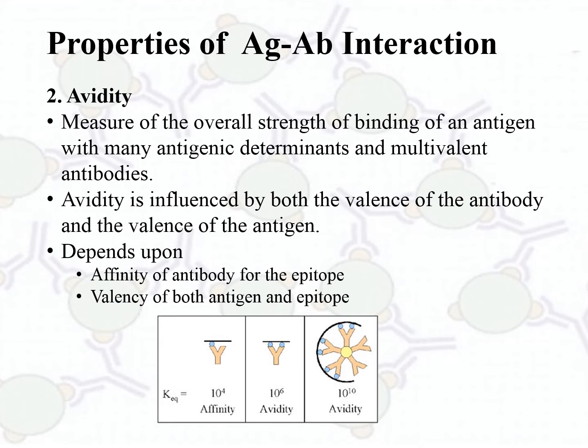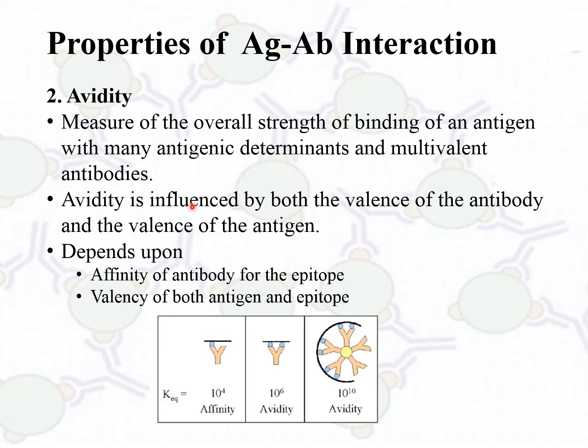So in this case, affinity alone would not give us any clue about the strength of the interaction. Another term is used, called avidity, which determines the overall strength of binding of an antigen which has many epitopes and interacts with multivalent antibodies.